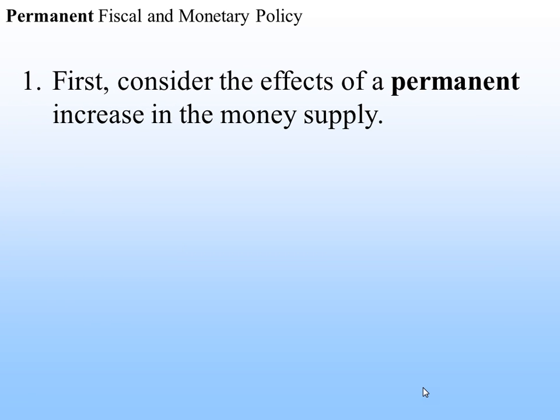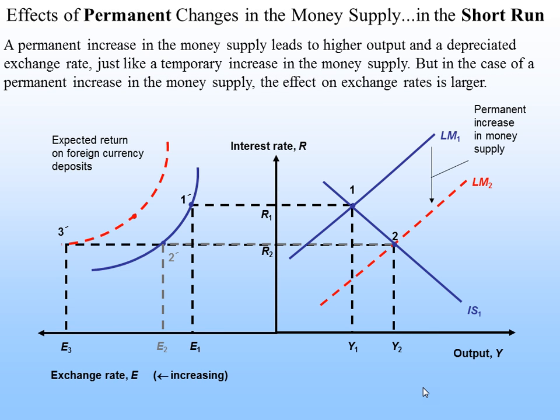So first, let's consider the effects of a permanent monetary policy change, expansionary monetary policy, but let's say it's permanent. All right, well, this is what it'll look like. It'll look just like what we just graphed on the board and what we just reviewed. We're still going to get a shift down in the LM curve.